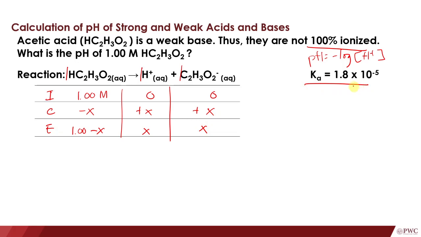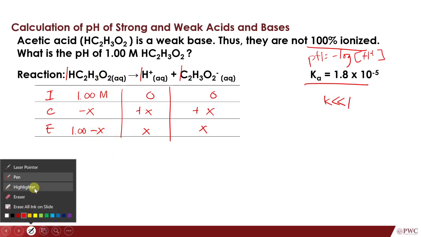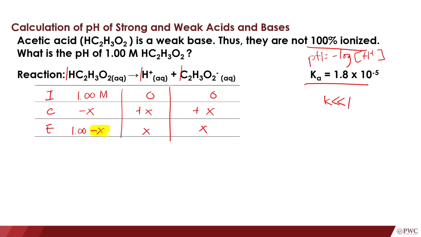Our Ka here is very, very small. Again, when K is much, much less than 1, this reaction favors the reactants. So meaning there will be less change in the concentration of our reactants here. So we expect that this x here will be very, very small. So here we are going to make an assumption: x will be approximately 0.